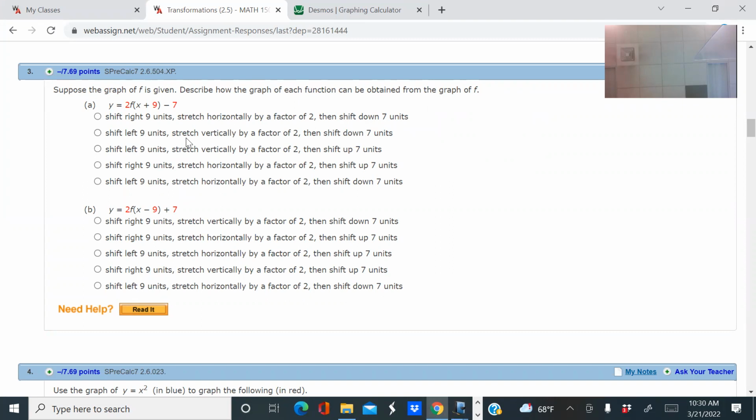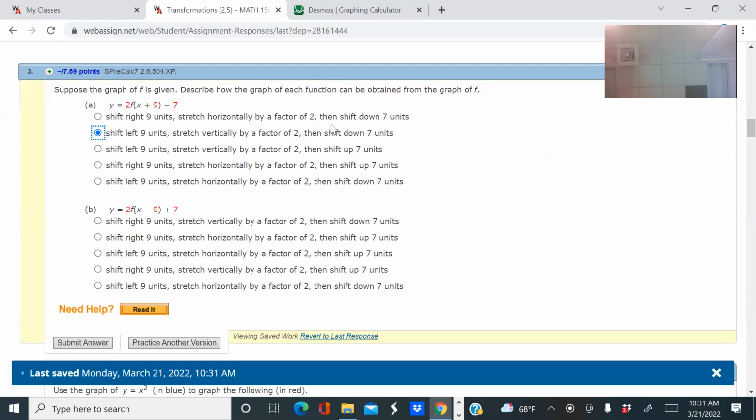And we stretched vertically by a factor of 2, correct? And then we went down 7 units, so it's this one. This one's not correct because we didn't stretch horizontally, and this one's not correct because we didn't shift up. So the right answer there has to be B, correct?